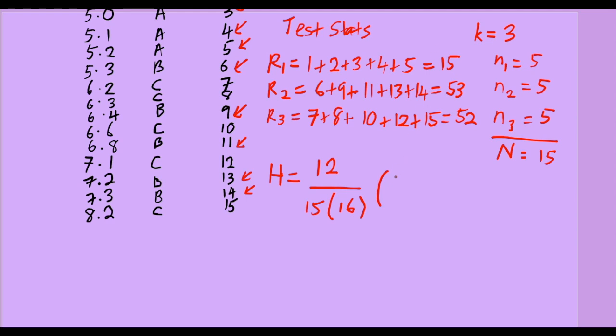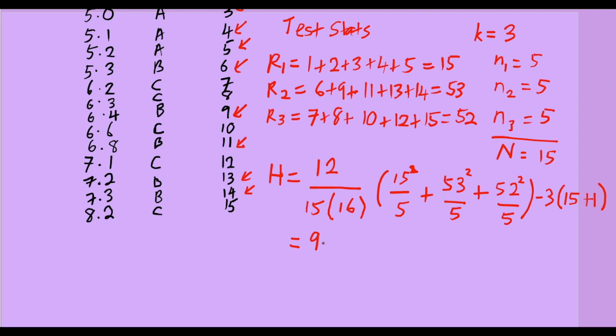So R1 square will be 15 square over N1 is 5, plus R2 square is 53 square over N2 5, plus R3 square 52 square over N3 5, minus 3 multiplied by N 15 plus 1. And we get the test statistic as 9.38.